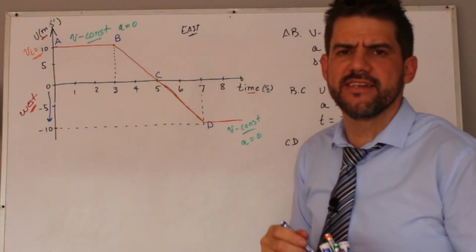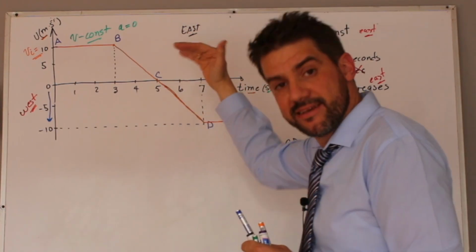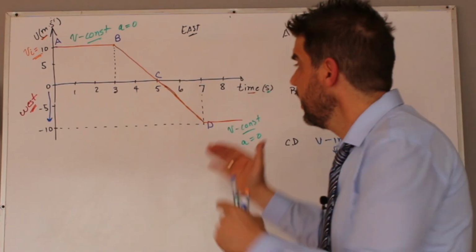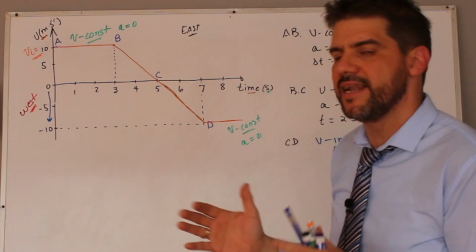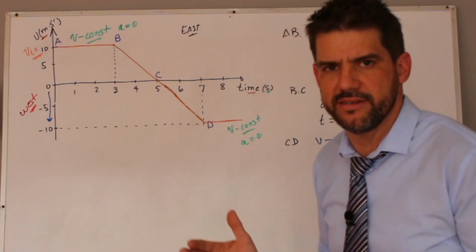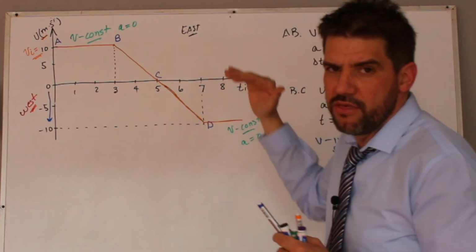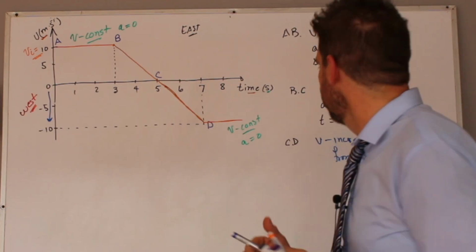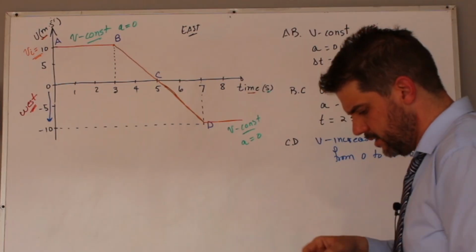Now, when you have this graph, everything that is above the 0 of the x-axis is the positive direction, for instance, east. Everything that is below the x-axis is going to be the negative direction, for instance, west. If positive is right, then below the x-axis is left. So that could be tricky. I hope you get it clear here. So velocity increases from C to D, west.